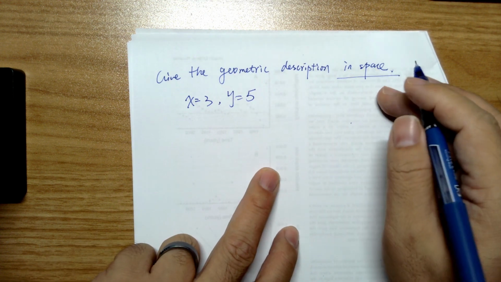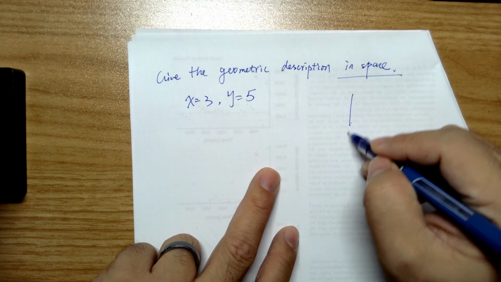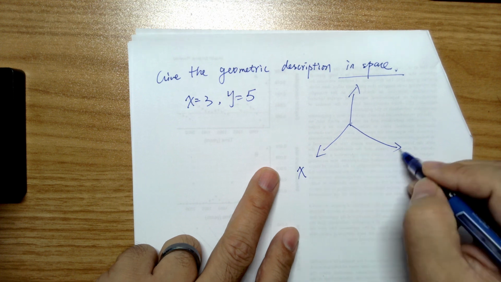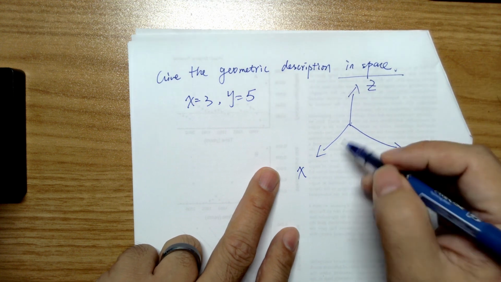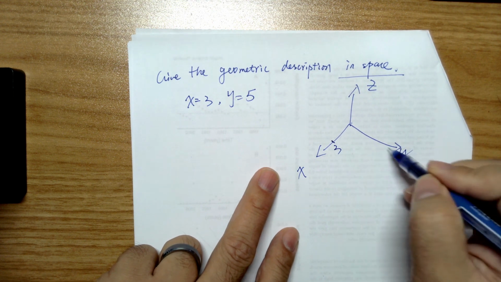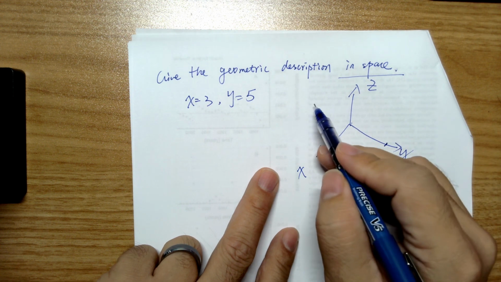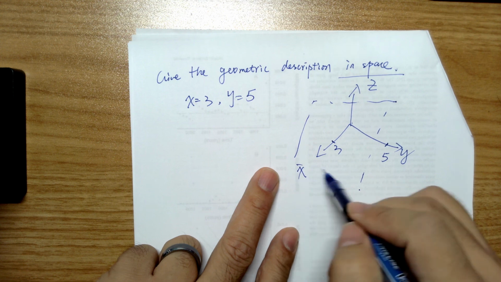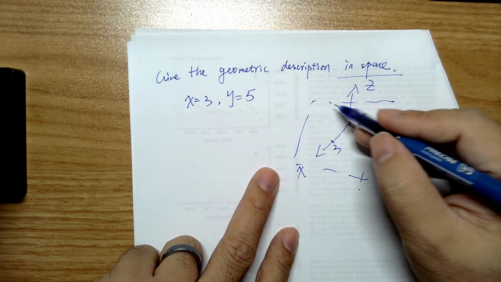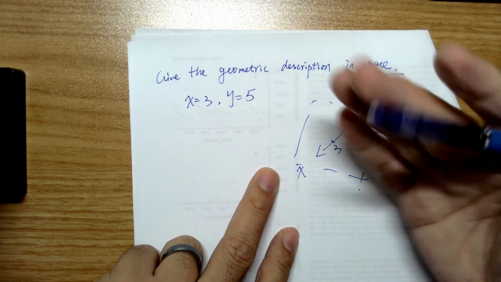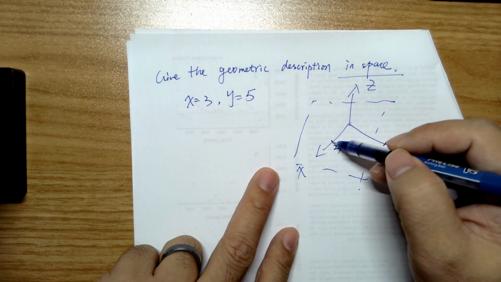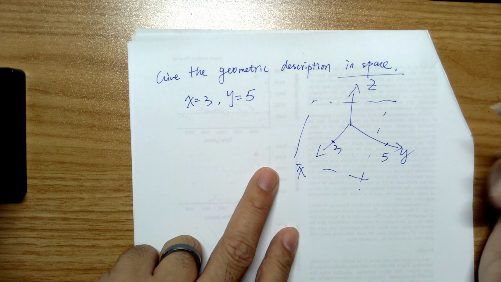Keep in mind we're talking about space. This is 3, this is 5. So x equals 3, actually it is a, excuse me, it's a plane, that is perpendicular to the x-axis and crosses 3 here.